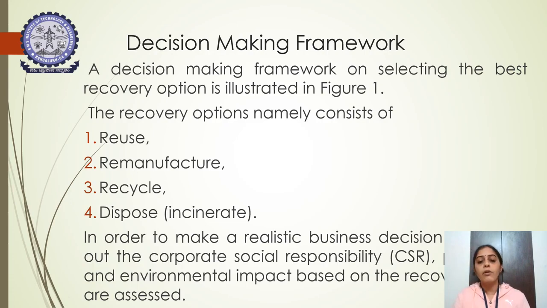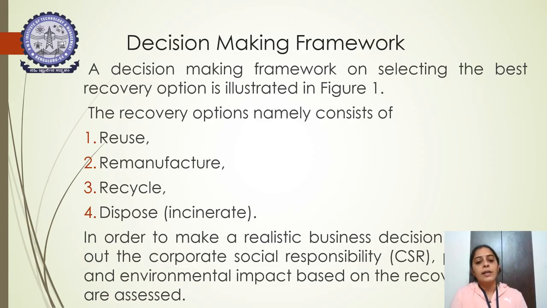Similarly, they can go for recycling. If the product was good enough and it has achieved its total profit and you're sure that it won't be reusable again, there is no need for remanufacturing. Then you can recycle that product to get the material back so that you can resynthesize later. So this is the third option.